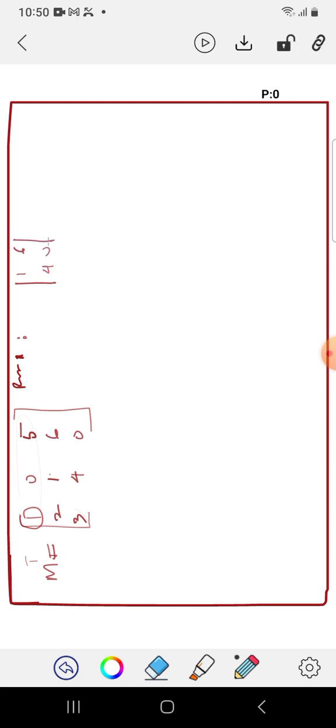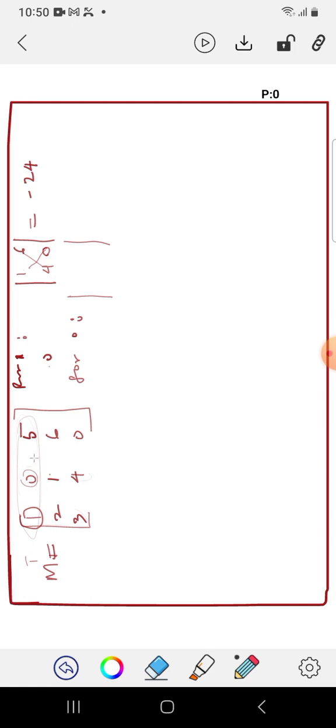When you close that, it's going to give you 0 times 1 minus 6 times 4, which is minus 24. Okay, for 0, that is this item here, you clear the row that contains 0 and the column that contains 0.